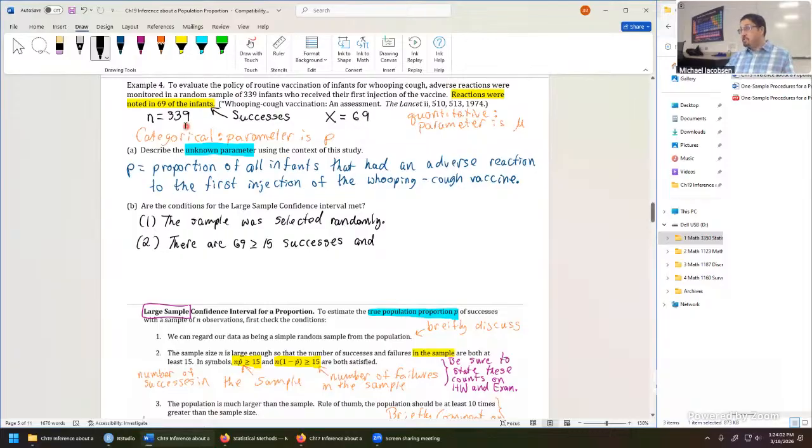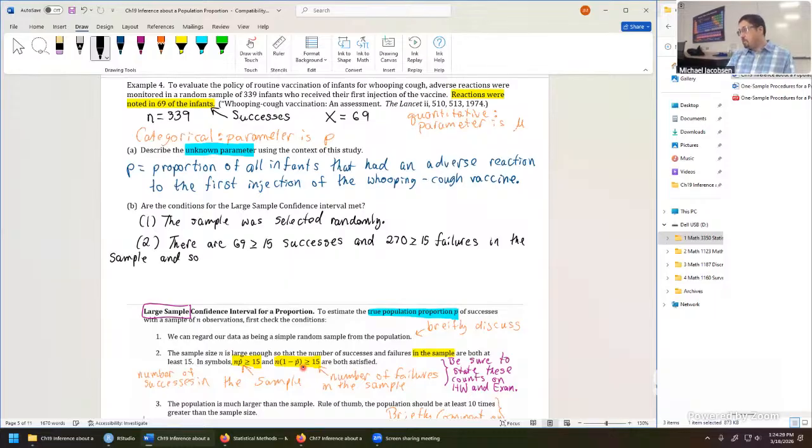So if there's sample size 339 and 69 successes, subtract the 2, and you get the number of failures. That would be altogether 270. Let me write, just as a reminder in the notes, that's definitely greater than or equal to 15 failures in the sample.